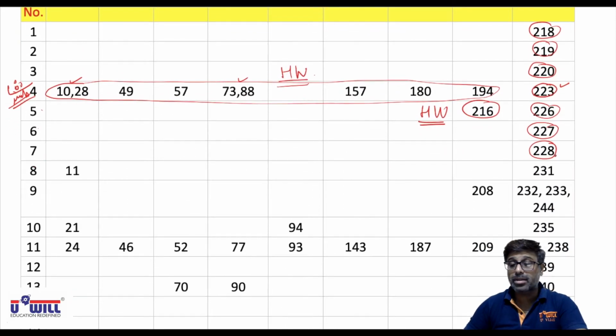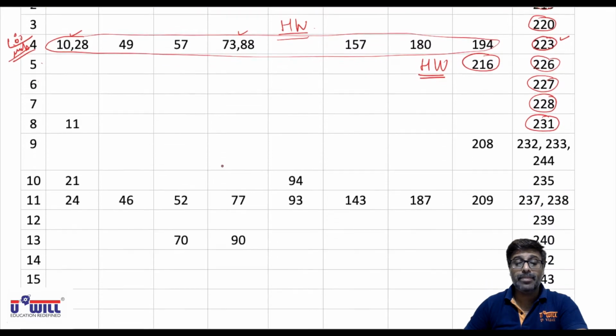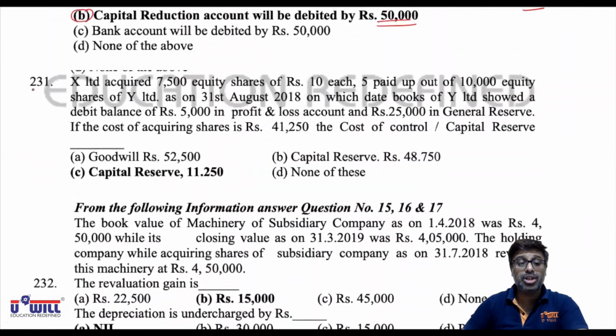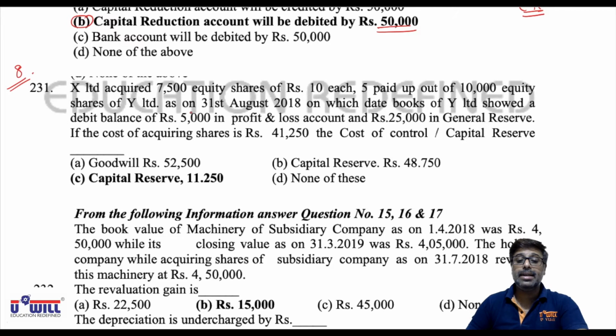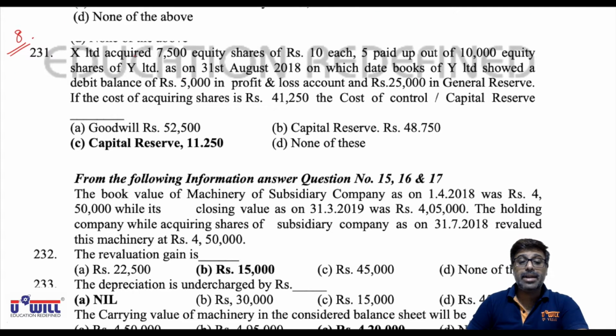Now question 8, 231. Okay. The eighth question I am doing is question number 231 of the October 2019 exams. X Limited acquired 7,500 equity shares of rupees 10 each, 5 paid up, out of 10,000 equity shares of Y Limited as on 31st August 2018, on which date the books of Y Limited showed a debit balance of 5,000 in the P&L account, which means it's a loss, and 25,000 in general reserve.